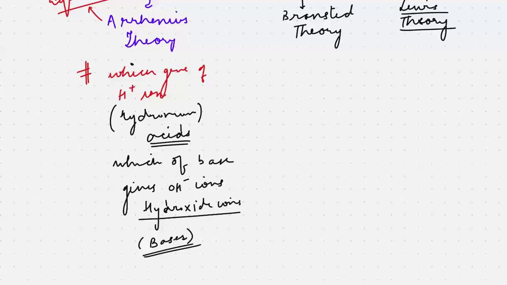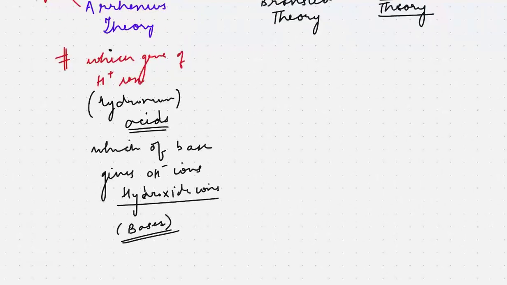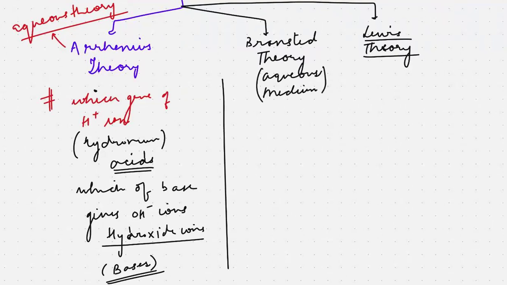Now understand, there's a very important concept. The Bronsted theory is, again, about the aqueous medium, but what does it primarily deal with? It primarily deals with the protonic concept. What is the protonic concept? That it deals only with H plus.